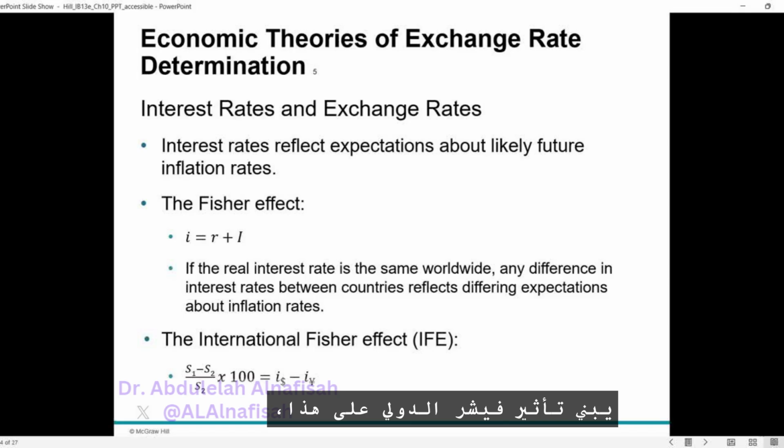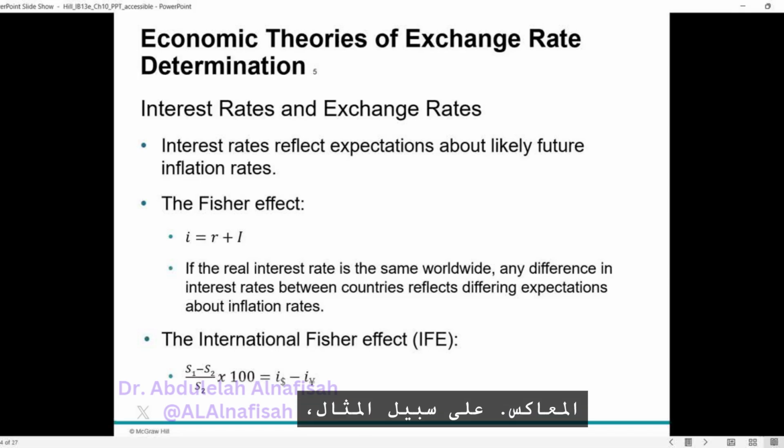The International Fisher effect, IFE, builds on this, proposing that the spot exchange rate between two countries should change in proportion to the difference in nominal interest rates, moving in the opposite direction.